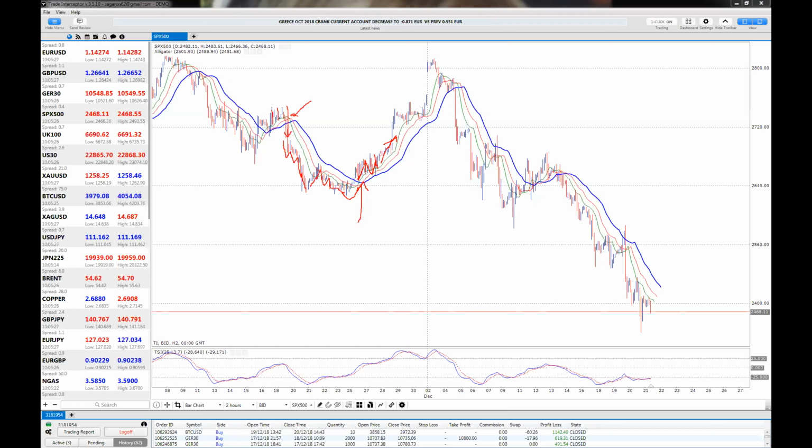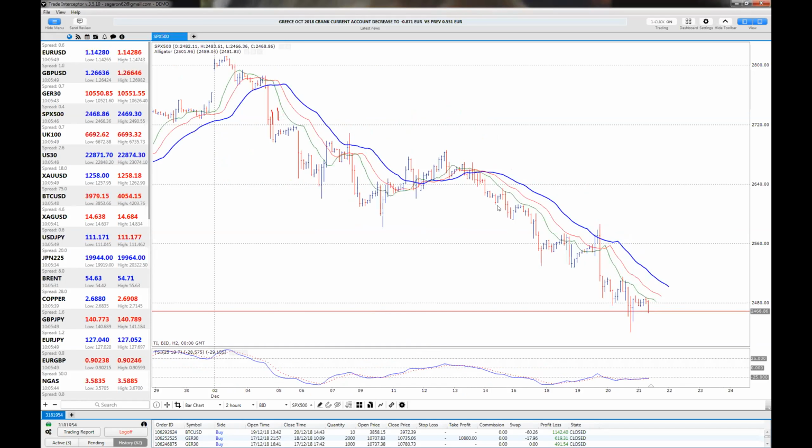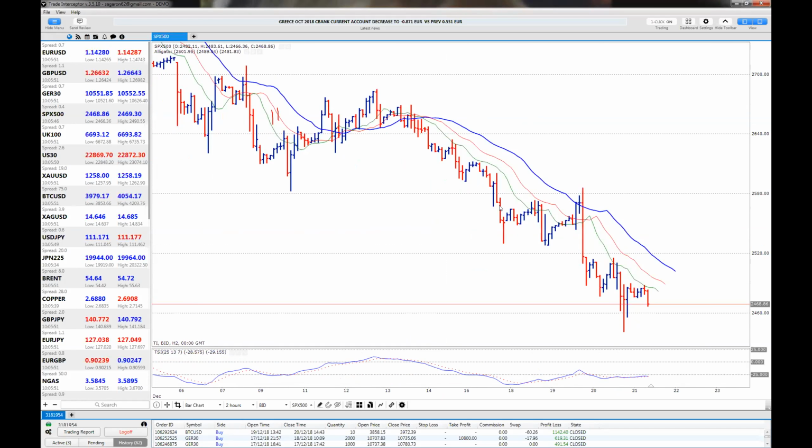So given the fact that this moving average is the important one, we can go to the following situation and I'm going to increase this a little bit here.